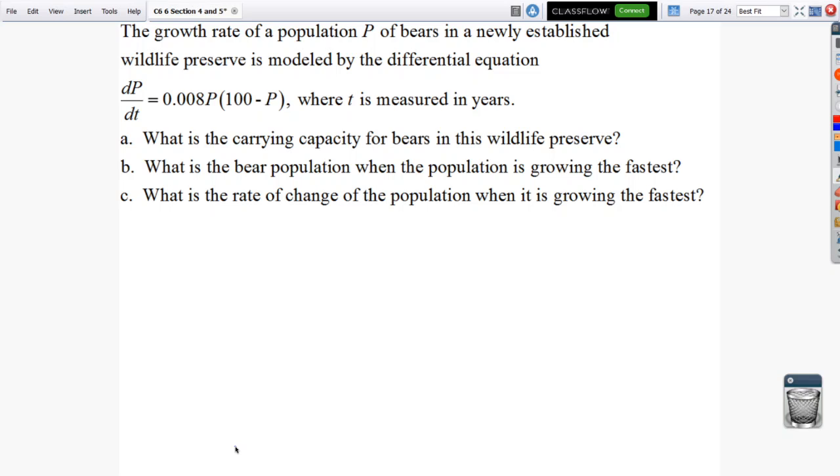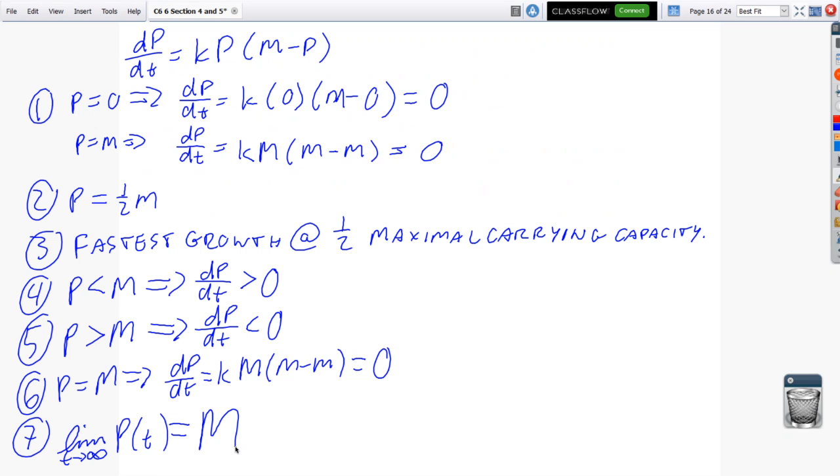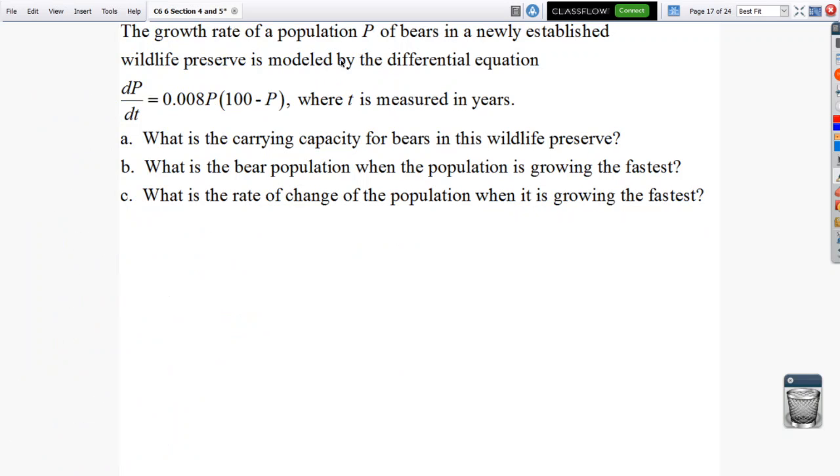You can look at the differential equation for the logistic growth, and you can see that this logistic growth differential equation matches that pretty clearly, and you can find out what m is just from the structure. But I don't like memorizing stuff.